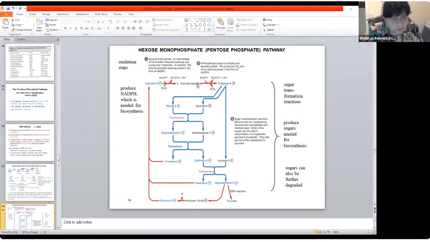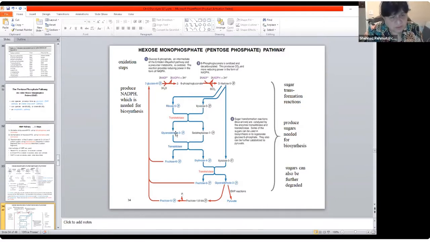This is the phosphogluconate, ribulose phosphate. Then you go into the epimerase and so on, so that you have xylulose 5-phosphate and ribose phosphate. Those are the two required to go into interconversion. So you have two 5-carbon compounds coming together.